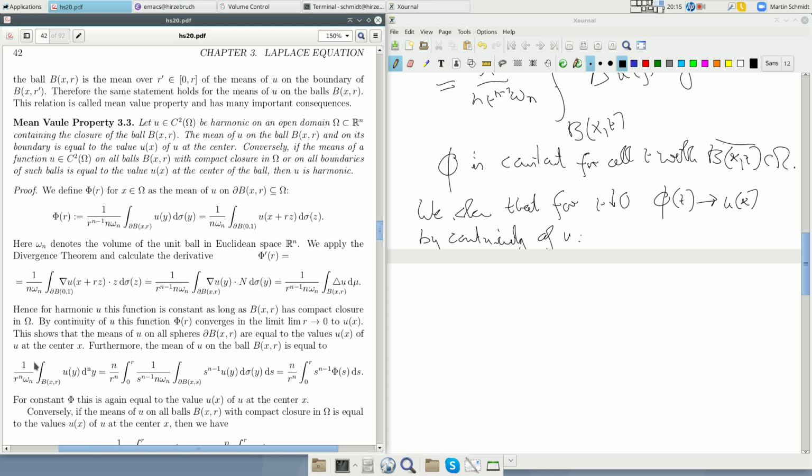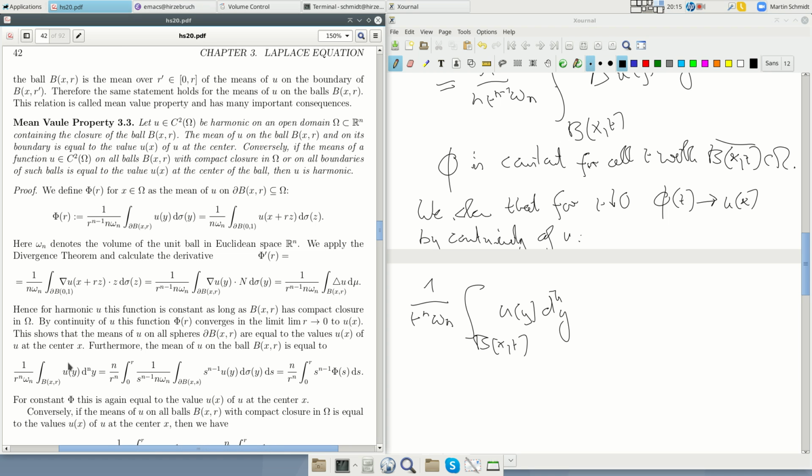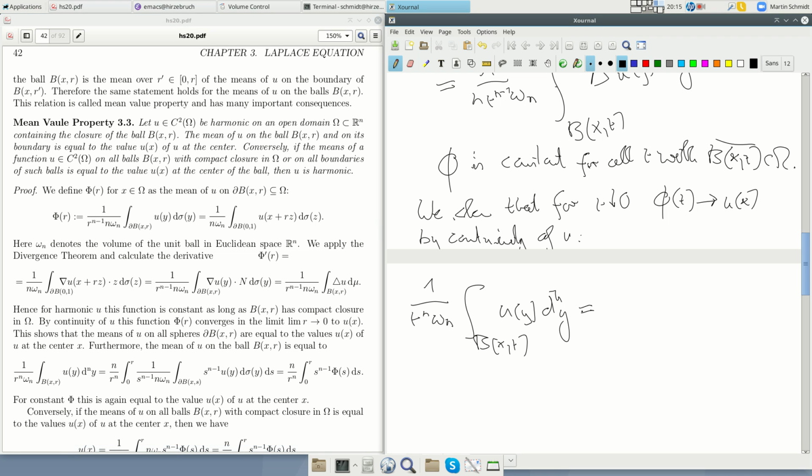The means over the balls, these are 1 over omega n r to the n, the integral over the ball of u of y. This is the mean over the ball. But this we may write as an integral over the means over the boundaries, by polar coordinates.